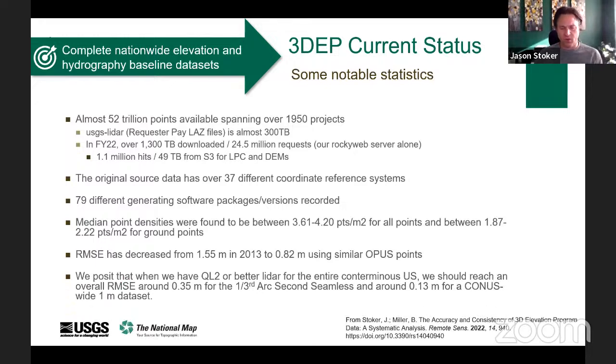And we think that, once we have that entire map green and all that data is available and we process it to our 1/3 arcsecond seamless, the overall RMSE in flat open areas should be around 35 centimeters. And then for these individual projects, it should be about 13 centimeters countrywide.